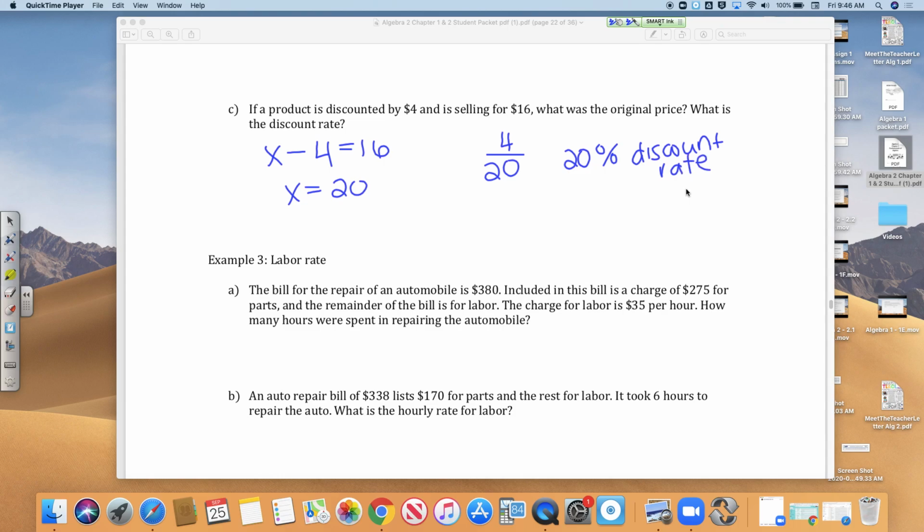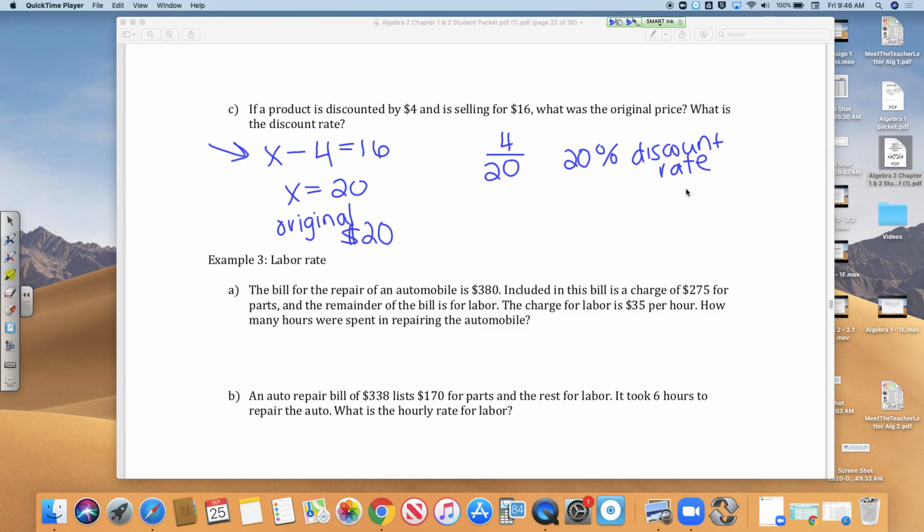This problem helped me determine that the original price was $20, and the second problem helped me determine that the discount rate was 20% off. I know it's a coincidence that both answers are 20, but that's not going to happen all of the time. All right, in example 3, now we're looking at a different type of problem.